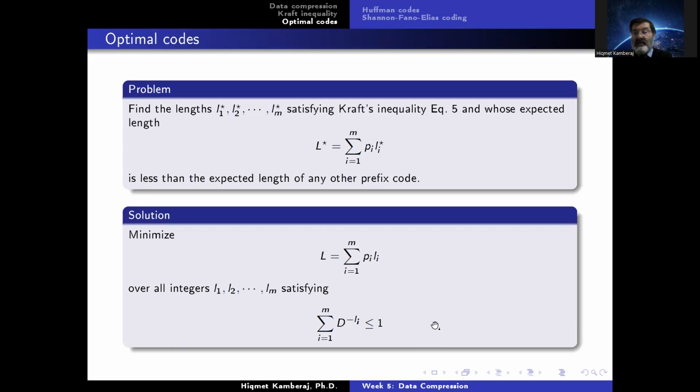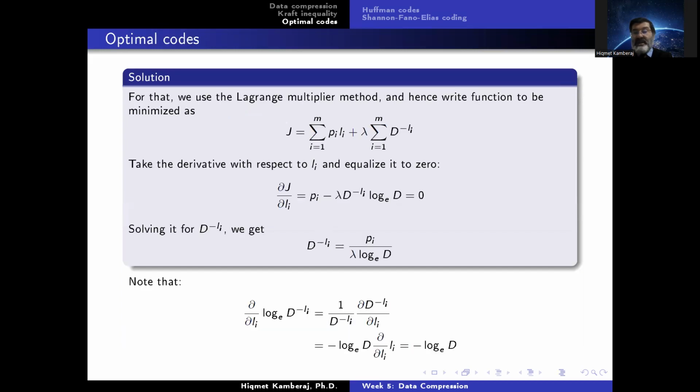Now you might know from mathematics, a good strategy for this is to use the so-called Lagrange multiplier method, which means you have to construct a function like this, called J, which is the sum over i from 1 to m of pi Li plus some lambda times the sum over i from 1 to m of D to the power minus Li.